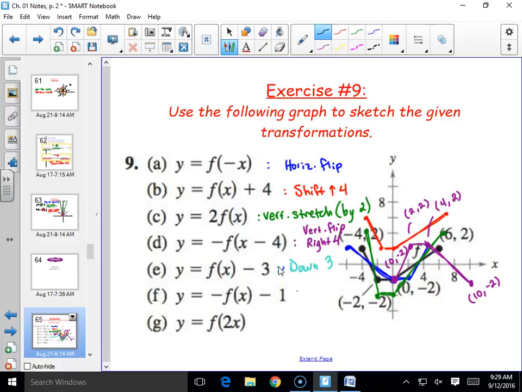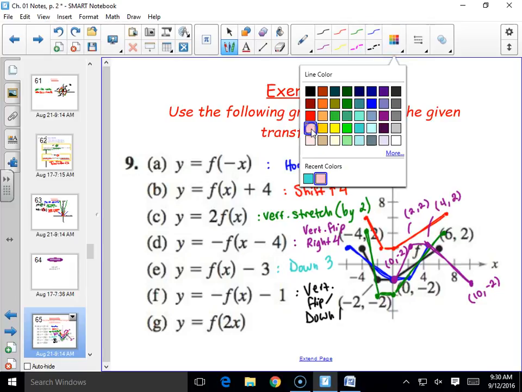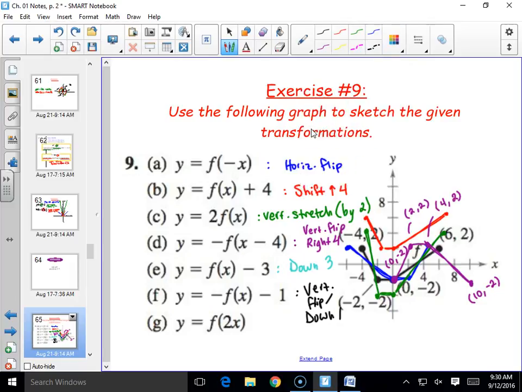What's going to be the next one? I'm going to have a vertical flip. If it's vertical and down, I'm going to have to be careful. And then last but not least, what's going to happen on this one? Horizontal compression by 1/2.